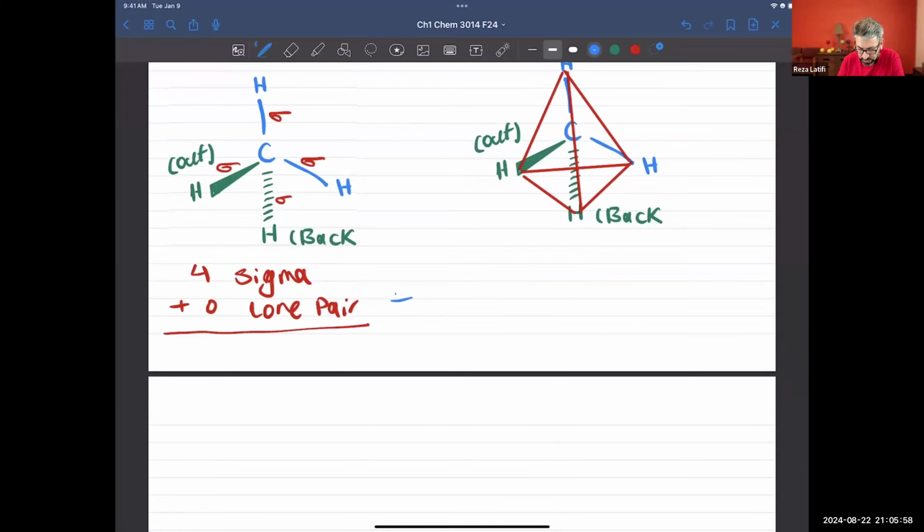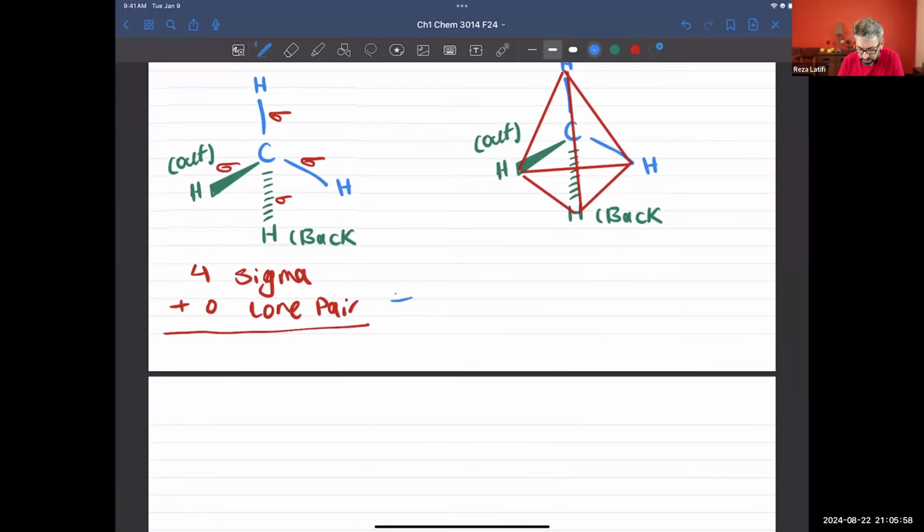Because we don't have a lone pair, electron geometry is equal to molecular geometry, and both are tetrahedral. How do I know it's tetrahedral? Because I got 4 pairs. But anytime you don't have a lone pair, your electron geometry is going to be equal to the molecular geometry.